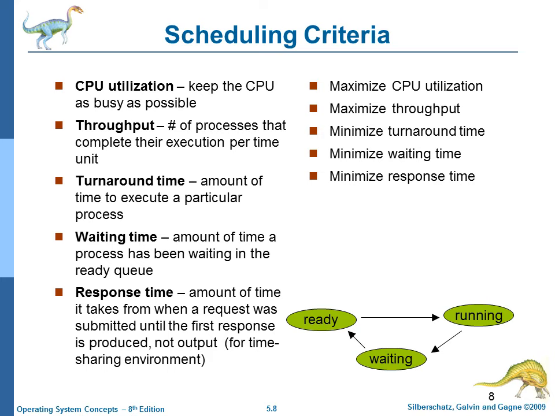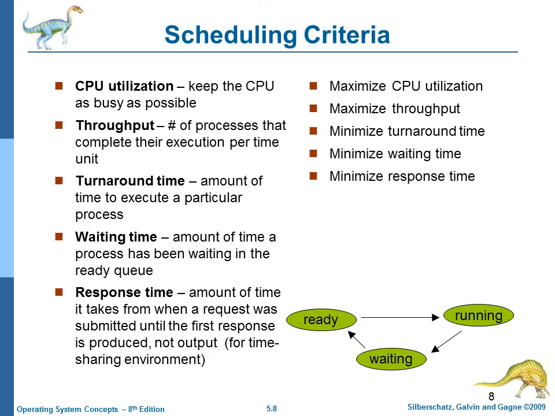On a real system, CPU usage should range from 40% to 90%. Utilization means keeping the CPU as busy as possible, and we can do that by increasing multi-programming.